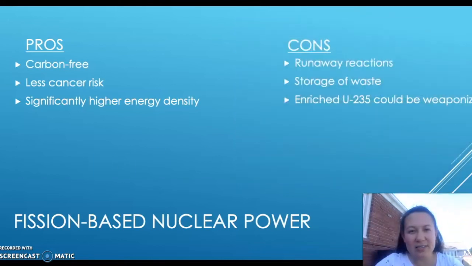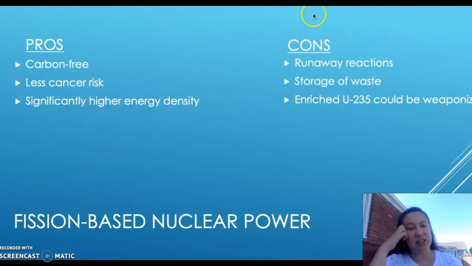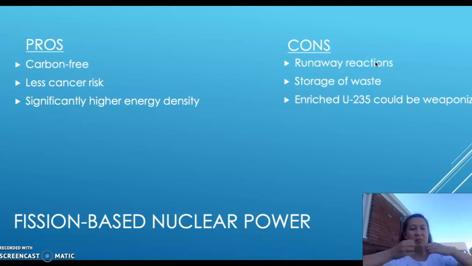But there are cons. One problem with fission reactors is you get runaway reactions as a possible outcome. You saw that every 1 singular reaction produces 3 neutrons. So you could get a runaway reaction that would become more and more energetic until bad things. Other potential problems are krypton and barium, the storage of waste after your uranium is used, which is problematic.